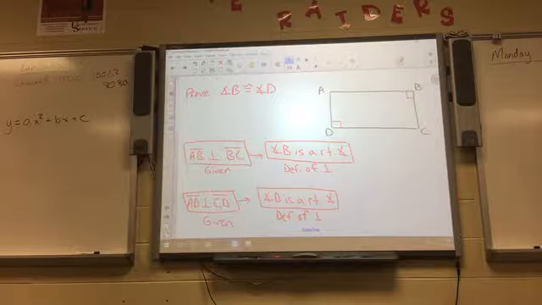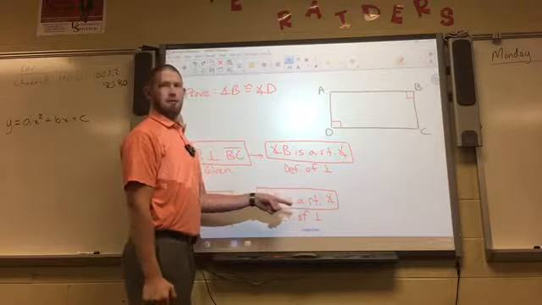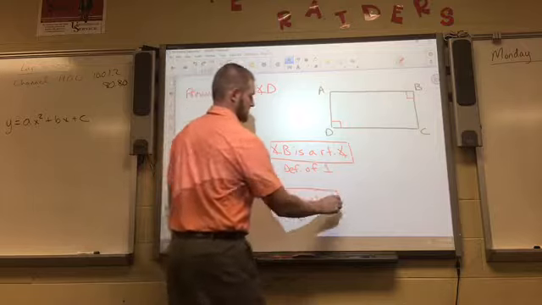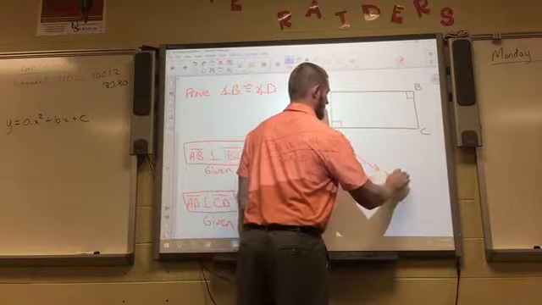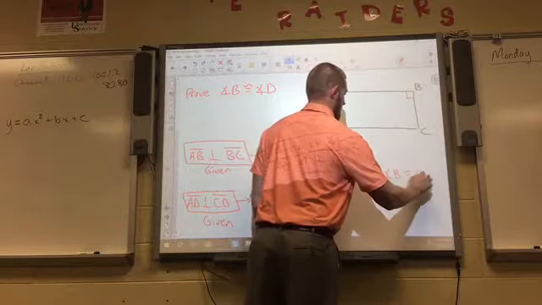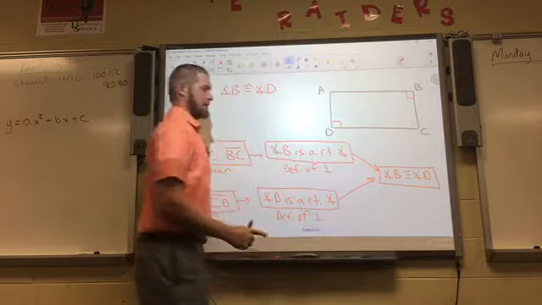Is it possible for me to prove that angle B is congruent to angle D yet? Yeah, because we just learned that theorem, right? We just talked about that theorem that says if they're both right angles, then they must be congruent. So now I would take arrows, and I would say that angle B is congruent to angle D. I still do need a reason for that.